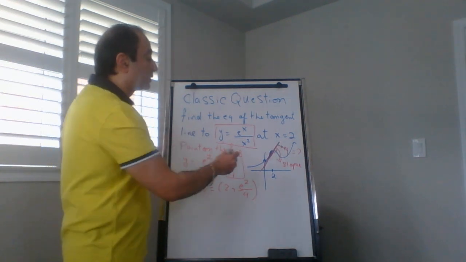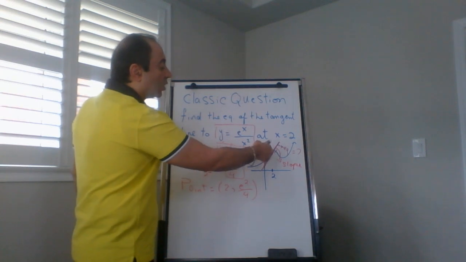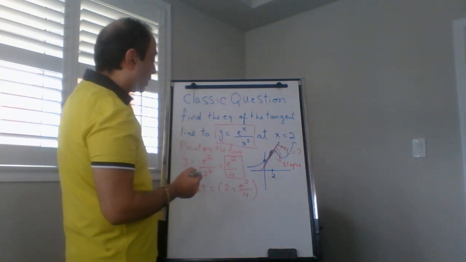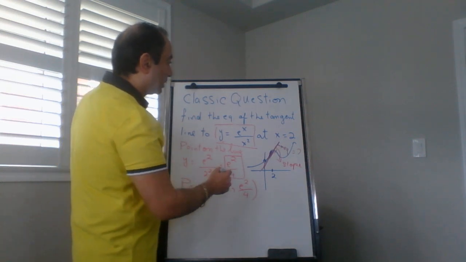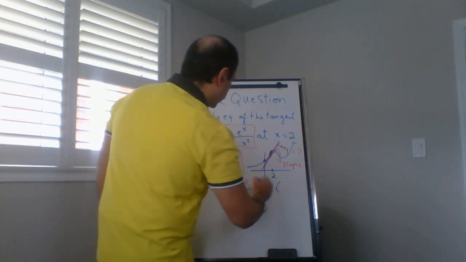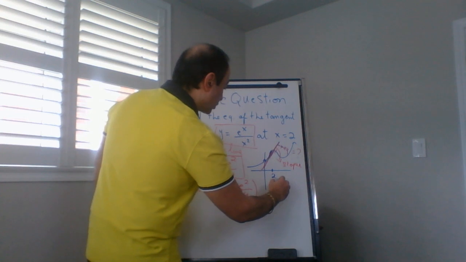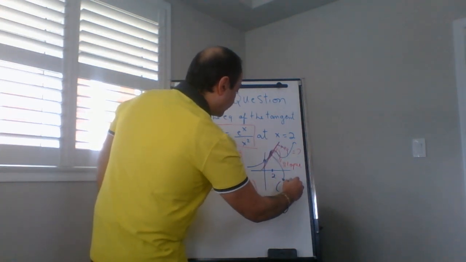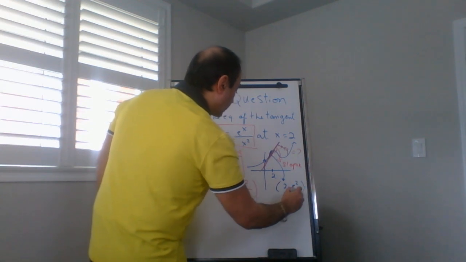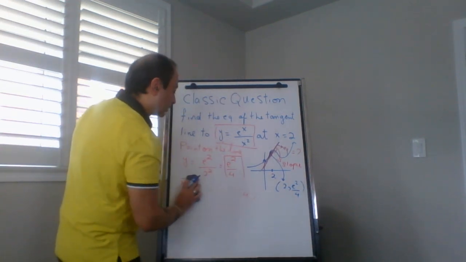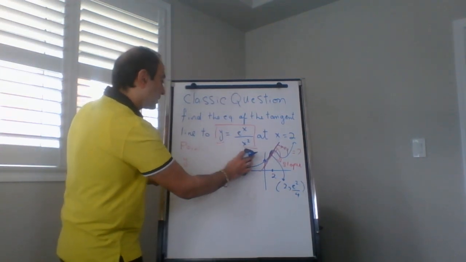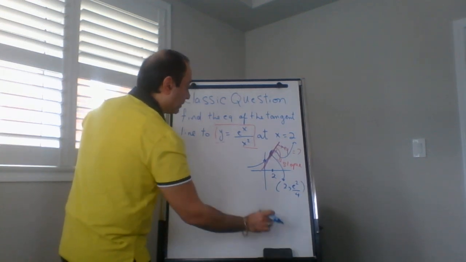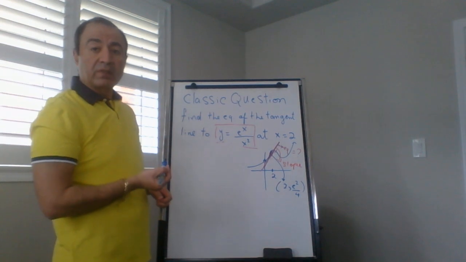So we need to find the derivative of this function when x equals 2. I will write the coordinates of this point as 2 and e squared over 4, and I will erase this so I can have space to find the derivative and the slope.